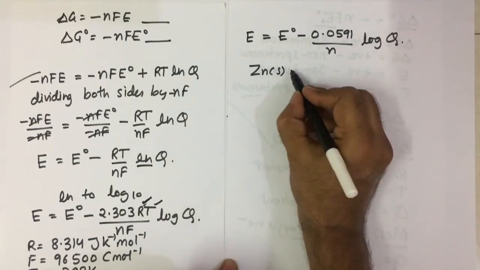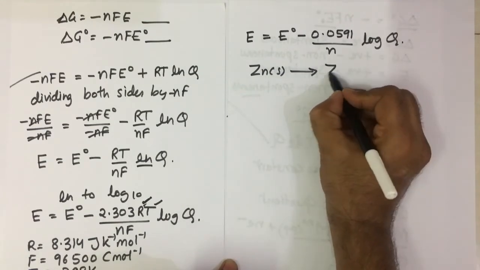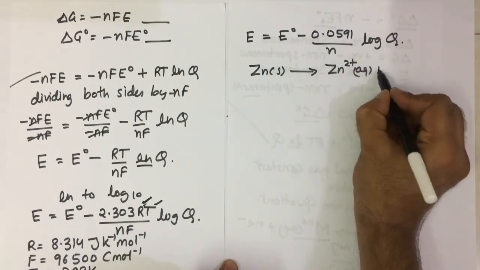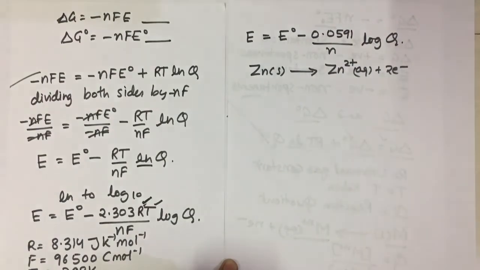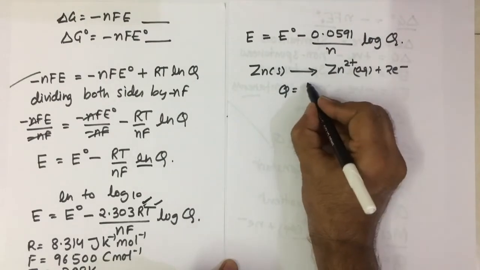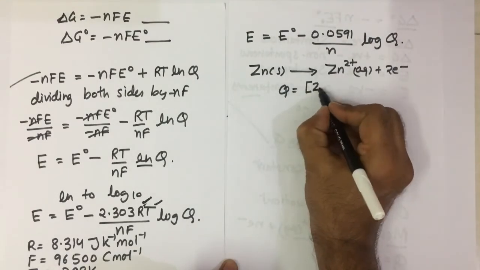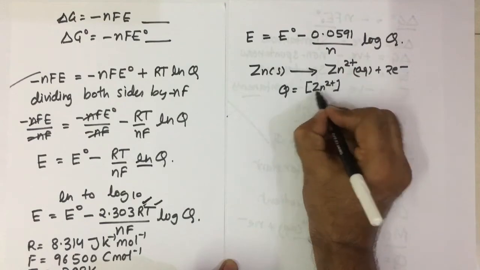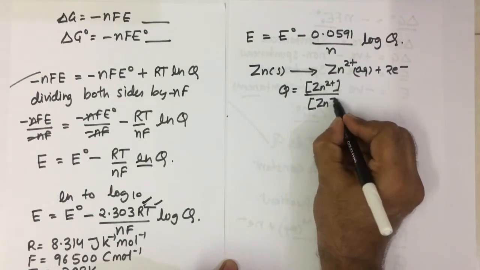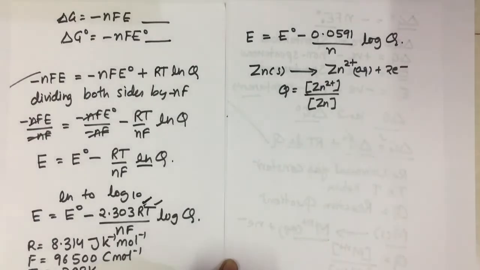Zinc solid forms Zn2+ aqueous plus 2 electrons. Now we can write the expression for Q. Q is equal to concentration of products upon concentration of reactant.